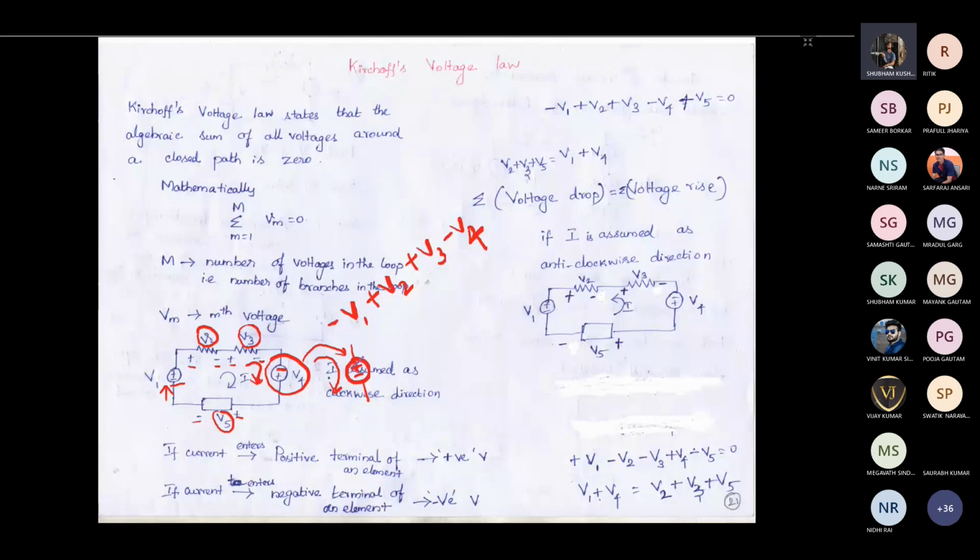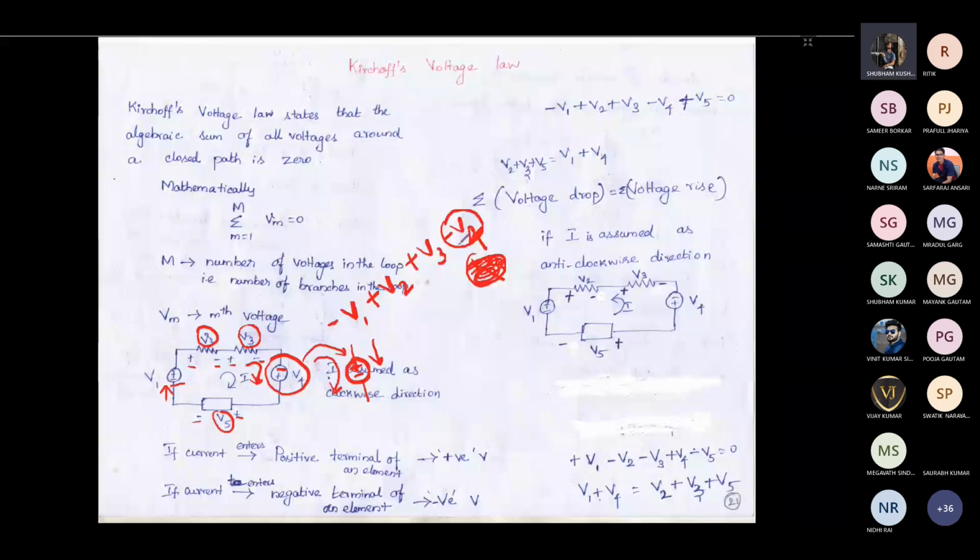In case the positive polarity is on top and negative polarity at the bottom, then as per our assumed current direction, the current will enter the positive polarity. That time you should use plus V4. Now the current enters the negative polarity, so I have taken it as minus V4. If the current enters the positive polarity, I should mention it as plus V4. Okay, that's all. So for our circuit, we have to consider it as minus V4.